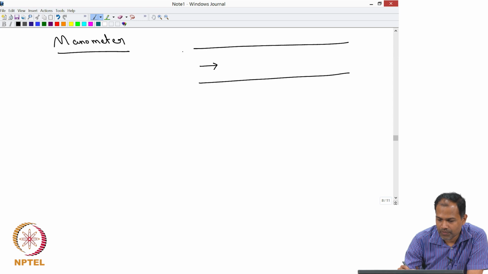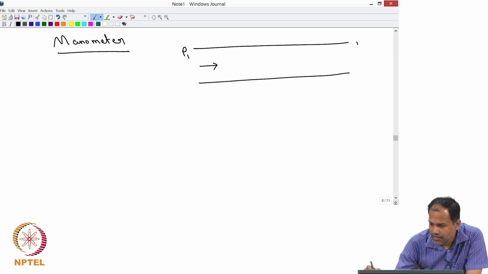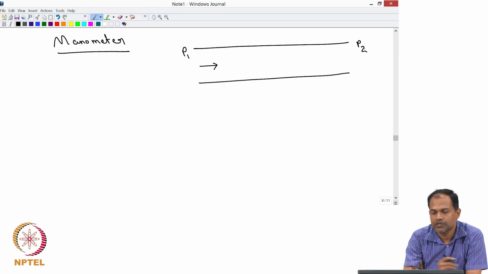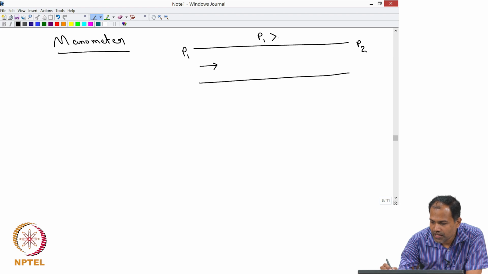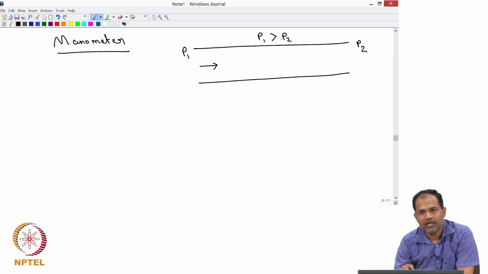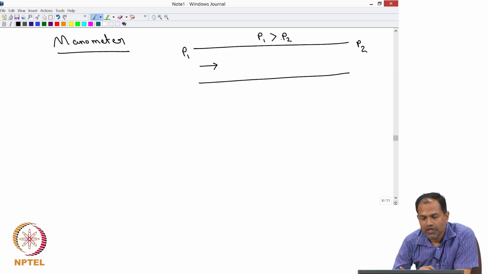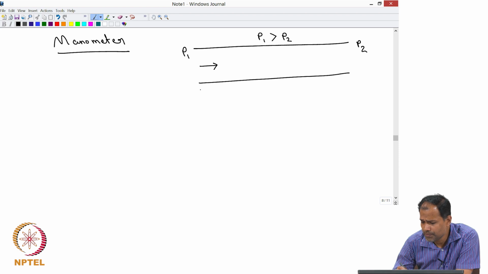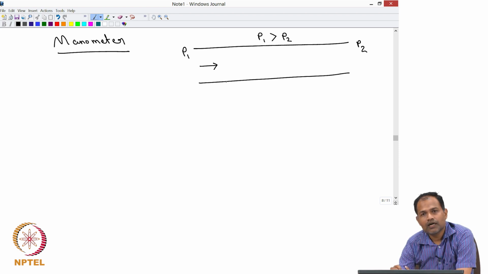So, let us say you have applied a pressure P1 here, and the pressure on the other side is P2, and obviously P1 has to be greater than or equal to P2 for the fluid to move from left to right. And at some point you want to calculate the pressure difference between these two points. The simplest way to do it is to connect a manometer.